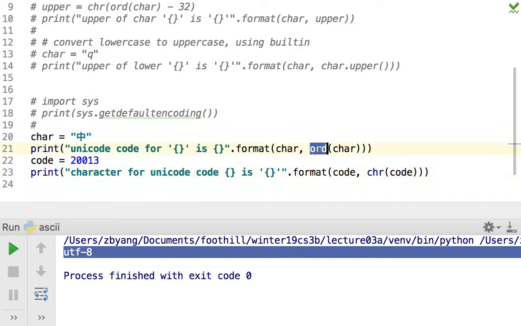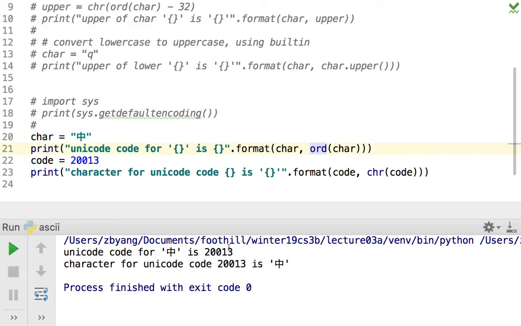I think these are written from the ground up to handle Unicode, and the fact that it happens to work for ASCII is because Unicode is backward compatible with ASCII. If you want to find out the Unicode for this Chinese character, you do ordinal, you run it, and the Unicode for that is 20,013, which, as you know, is a much bigger number than 128. So this cannot be stored in an 8-bit system.